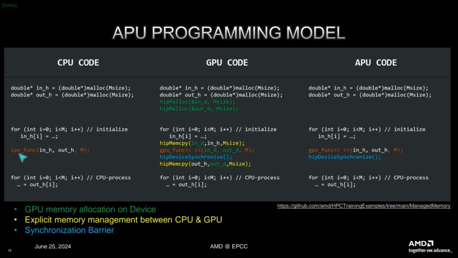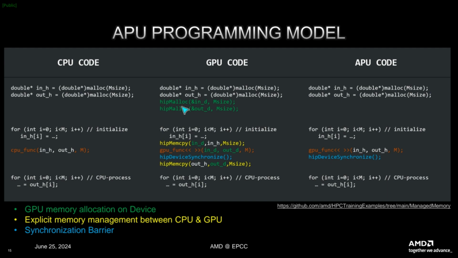When you do this on the GPU, in what we call an offload model, where you're offloading the work to the GPU, you have to allocate two arrays on the GPU for the data that is on the CPU.